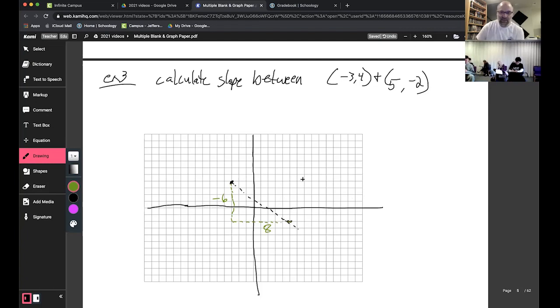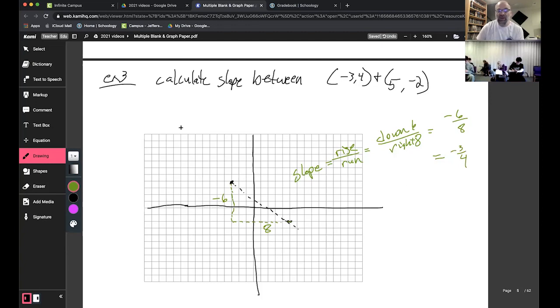Okay, so the rise over run: it goes down 6 and then right 8. So how do you say down 6? Negative 6. Right is positive. So negative 6/8 or negative 3/4.